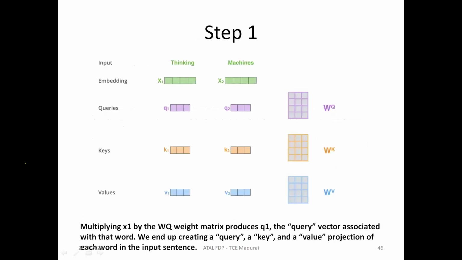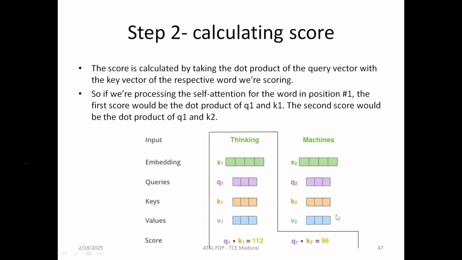You can see here the input you are sending is some word, and this will multiply with the embedding, and the embedding is nothing but some weight matrix. Here we are passing three parameters: query, key, and value for each and every word. Okay, so as an outcome, you'll be getting queries, keys, and values.